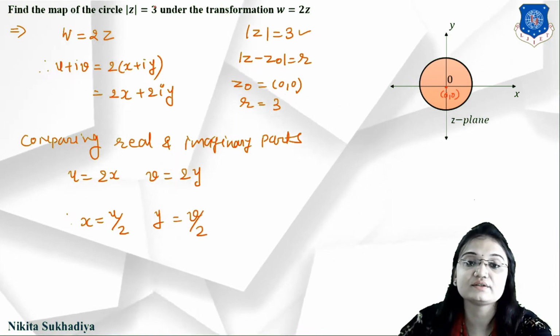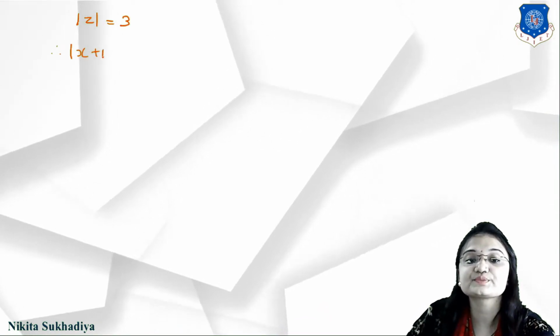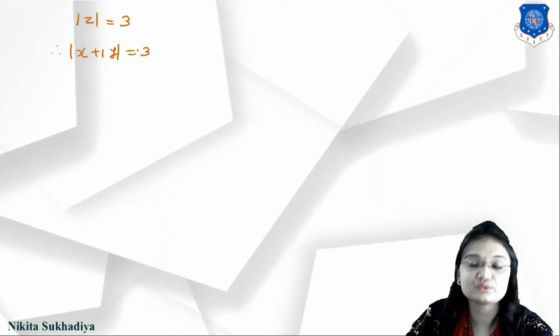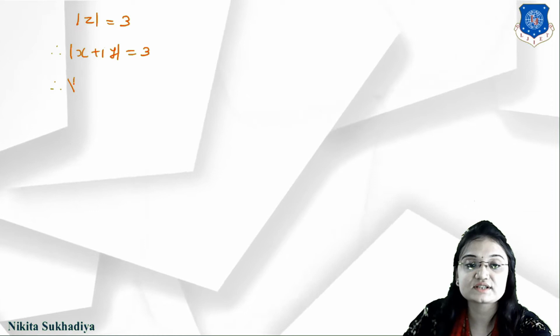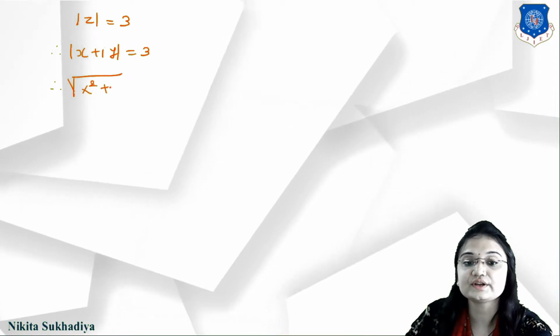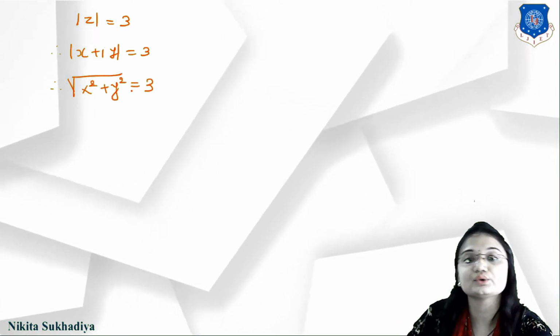Now we have modulus of z is equal to 3, which is nothing but modulus of x plus iy is equal to 3. This is nothing but the square root of x square plus y square is equal to 3.